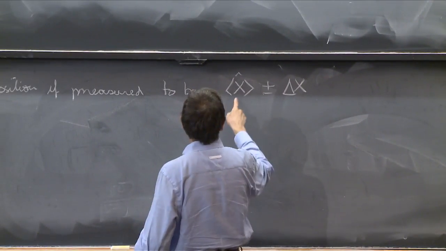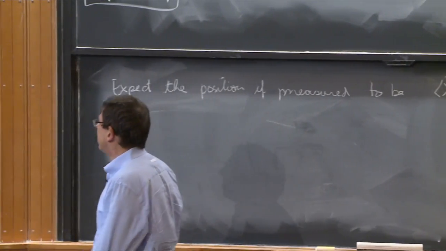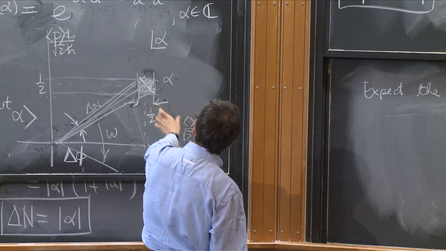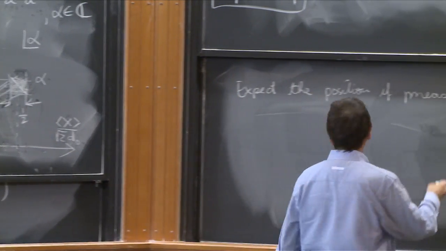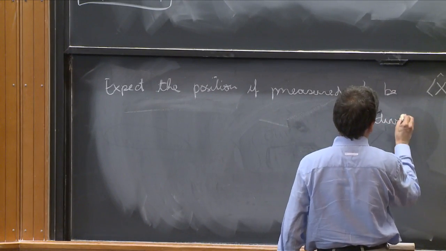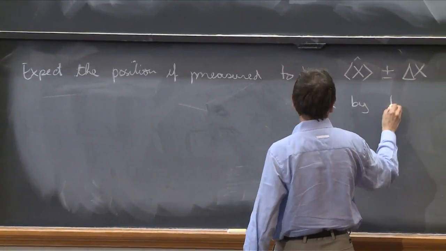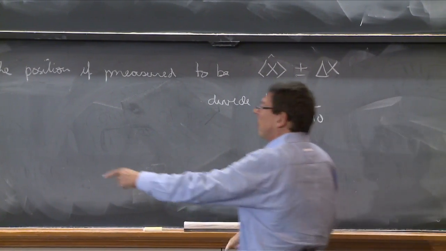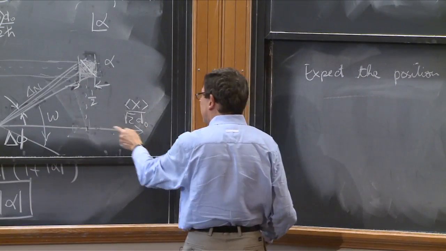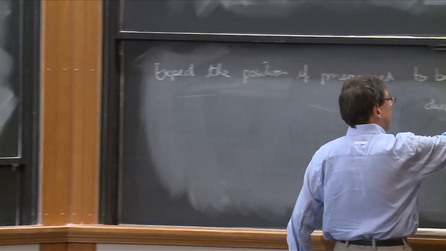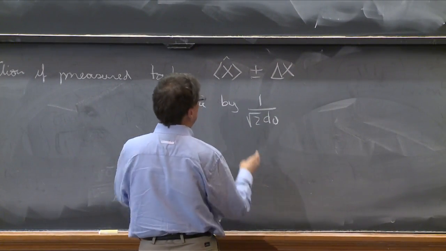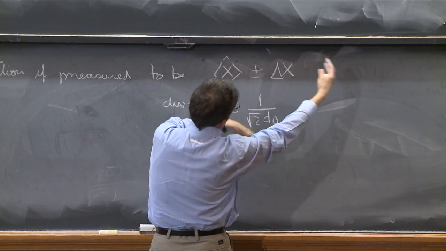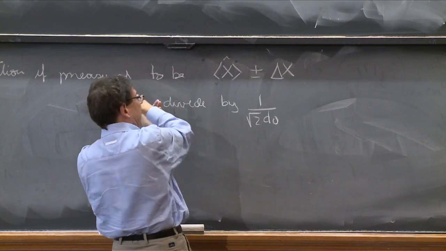So when I add to the expectation value of x this thing, when I want to see in this graph what it is, I must divide by square root of 2 d naught, because these are the units in this graph. So if delta x is d naught over square root of 2, I'm going to get some values that go from the expectation value of x up to 1/2 more and 1/2 less.